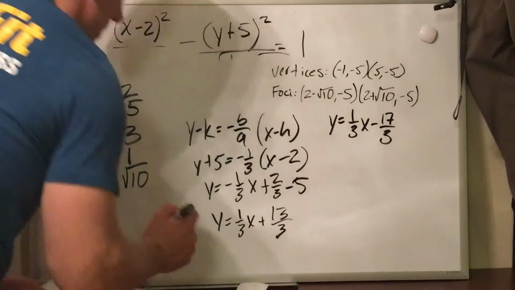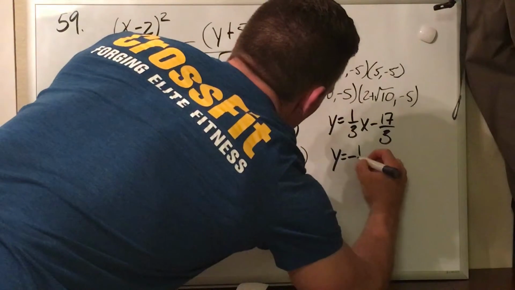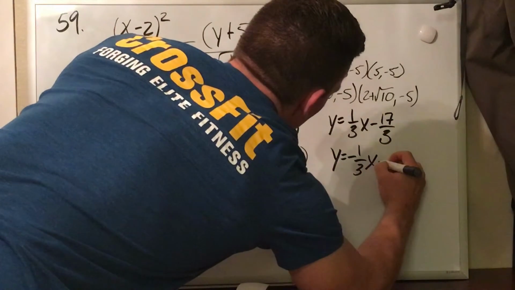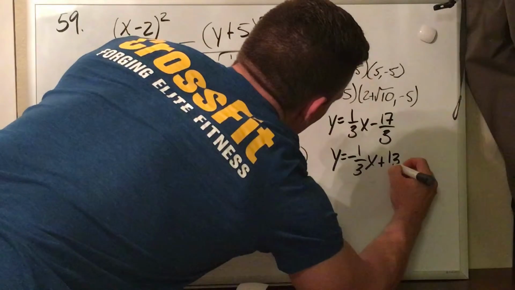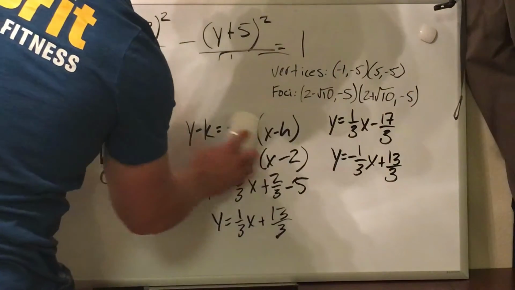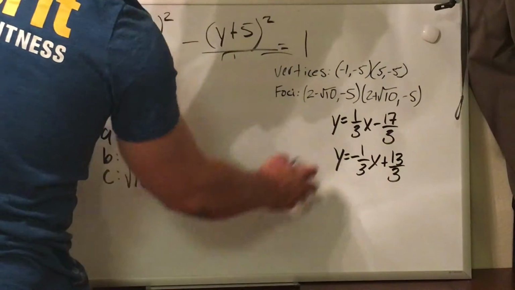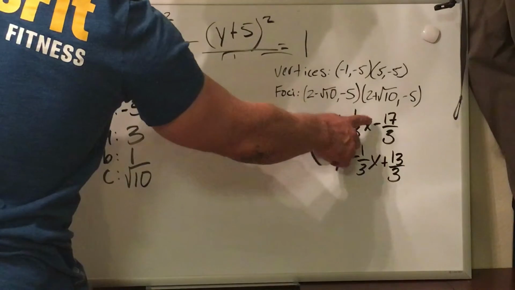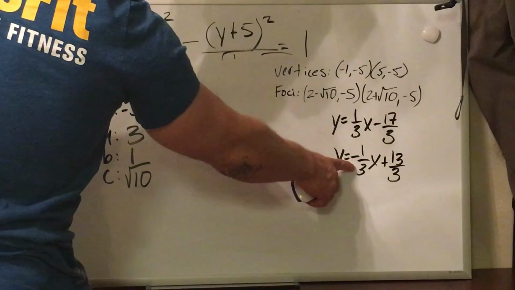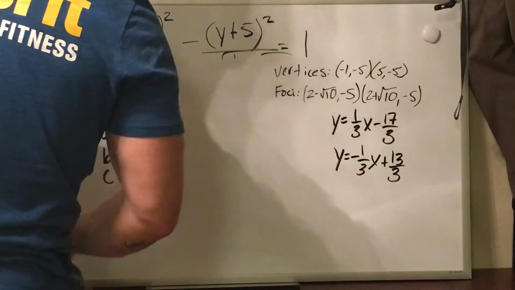So that is our other asymptote. Like any linear equation, you have your slopes determined by the coefficient on the x. So you have a negative slope here, and then your y-intercepts here on the end.